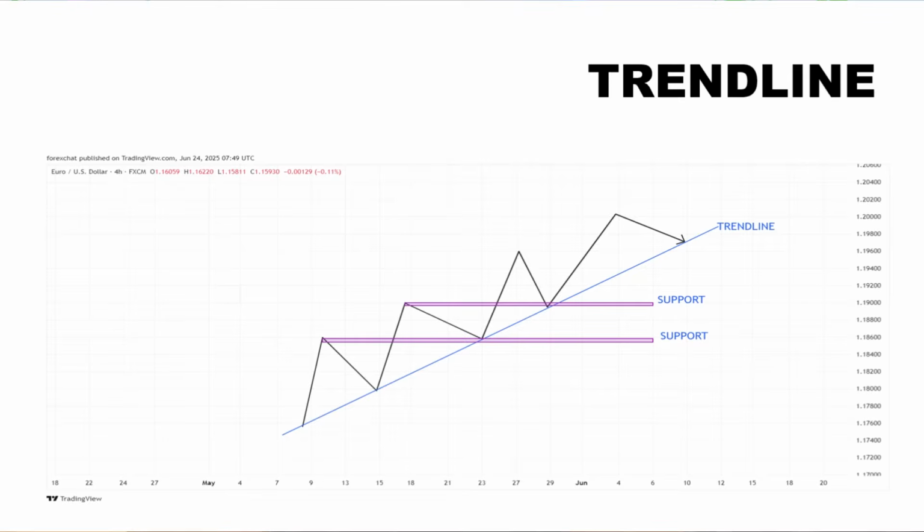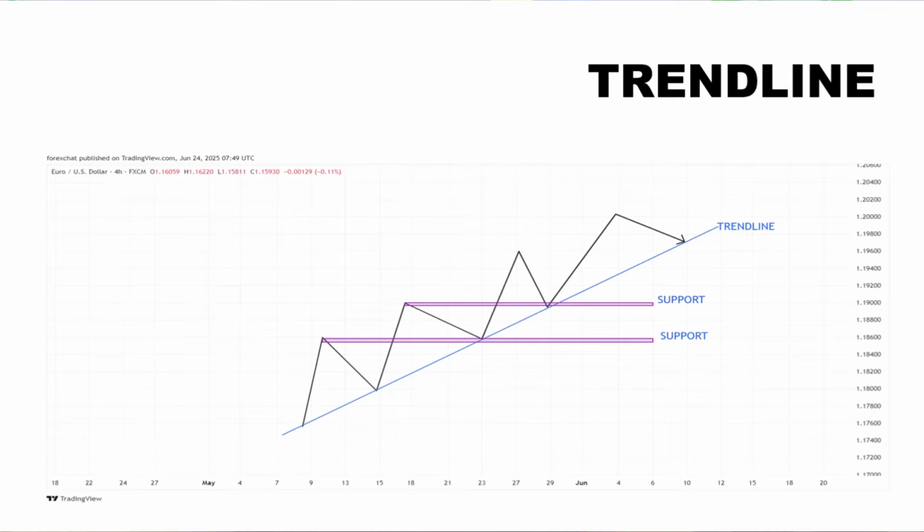Here I have an example of a trend line. As you can see, the market is showing positive market direction, right? And on these supports, if we try to connect these various support zones, you realize that we can connect them with this line because they are creating what we call a trend on their way up.